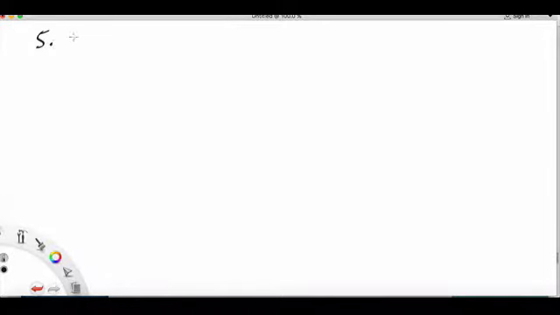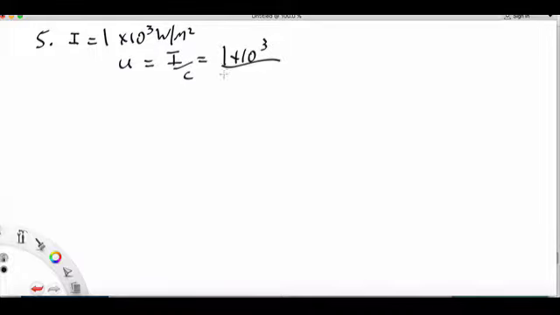Now, number 5, our intensity is 1 by 10 to the 3 watts per square metre. So the energy density is just I over c. So 1 by 10 cubed over 3 by 10 to the 8. That gives us 3.3 by 10 to the minus 6 joules per cubic metre.